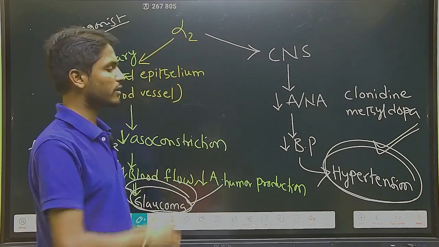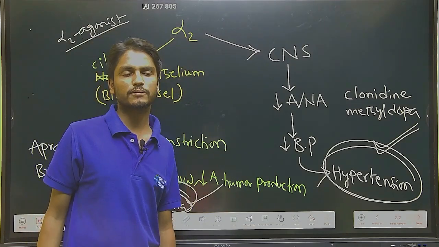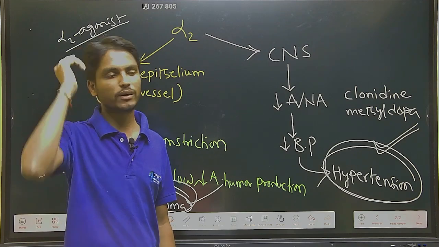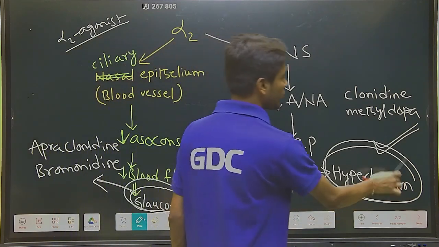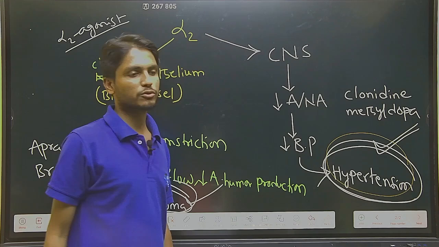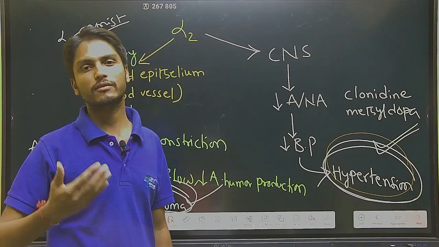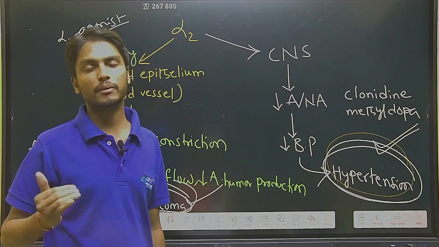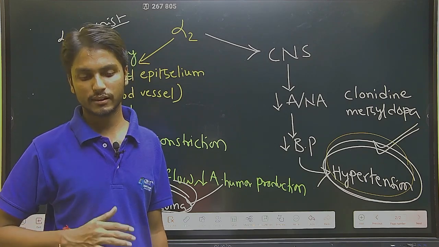So this is about the location of the receptors, and if the receptor is activated, what are the physiological effects and what is the therapeutic use. If those particular receptors are activated in the body, it tells us which therapeutic use of the drugs can be preferred here.